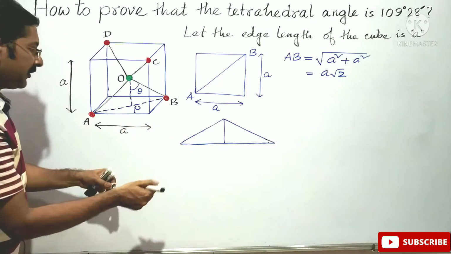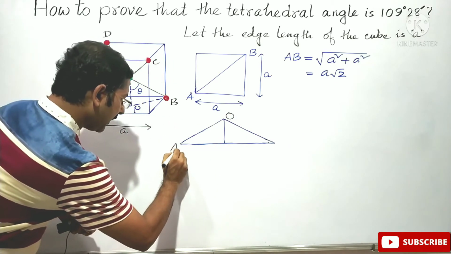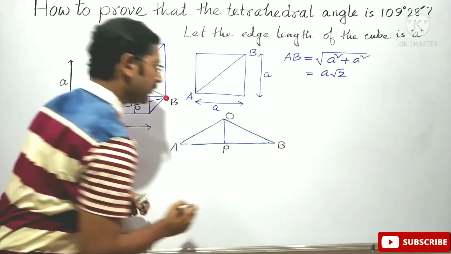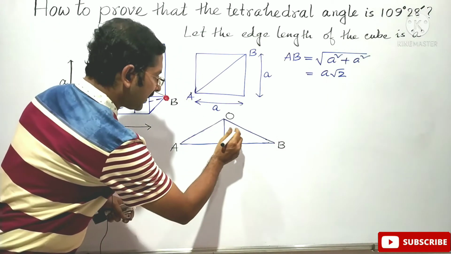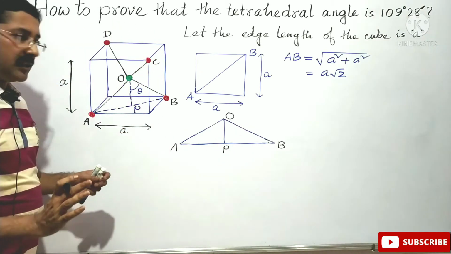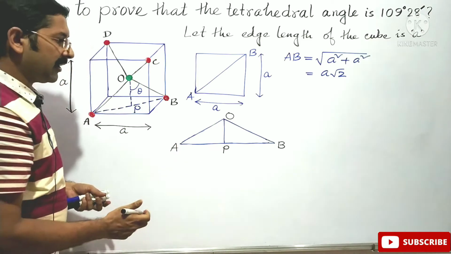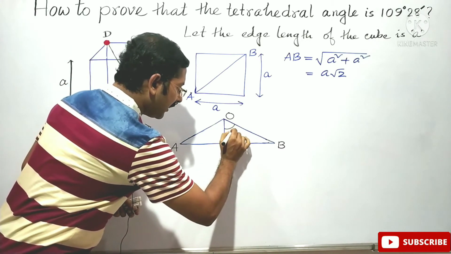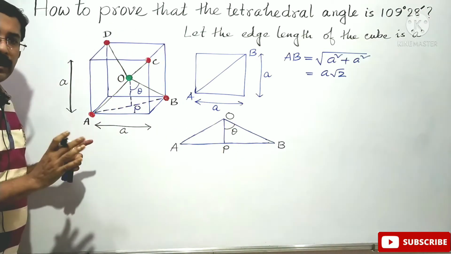So this is the point O, this is your A, this is point P, and this is point B. Of course here OAP and OPB are two right angle triangles. So this angle is theta. So this theta is half of the tetrahedral angle.